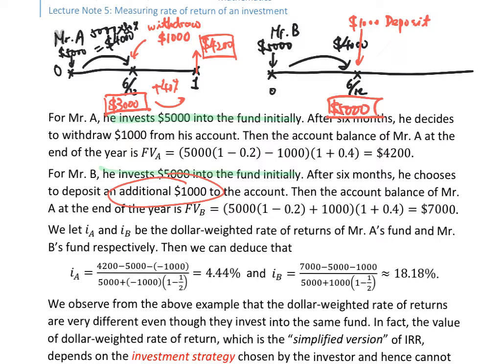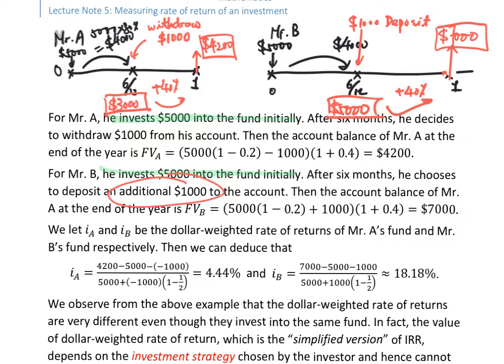Then over the rest of the year, the fund value increases by 40%, so the account balance grows to 7,000. This is what happened to Mr. B.